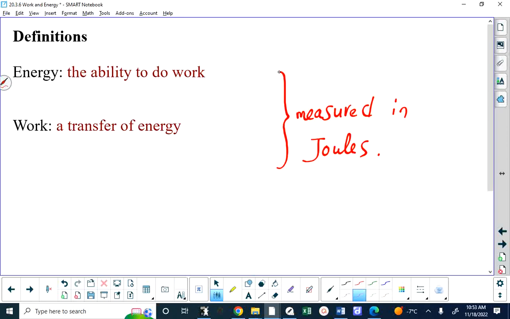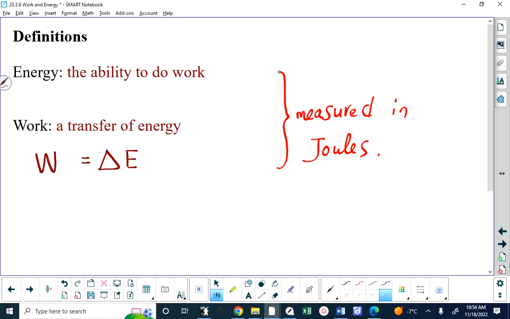And this is where we get an important concept with work that we're not really going to deal with today, but it's never too early to introduce this: if work is a transfer of energy, then the amount of work done is how much energy is transferred. If I tell you that lifting a box from the floor of my garage to the shop bench required 500 joules of work, and I ask how much energy the box got, it got 500 joules of energy.